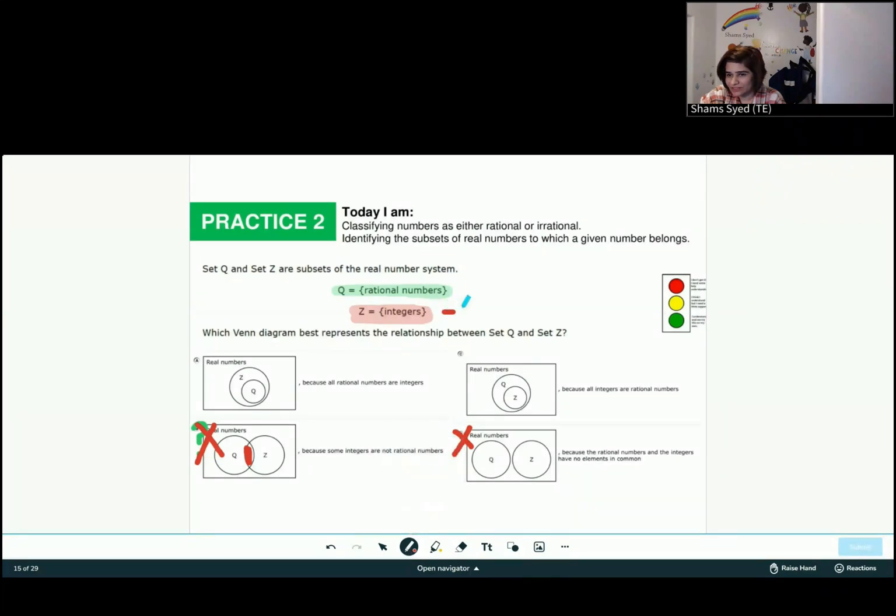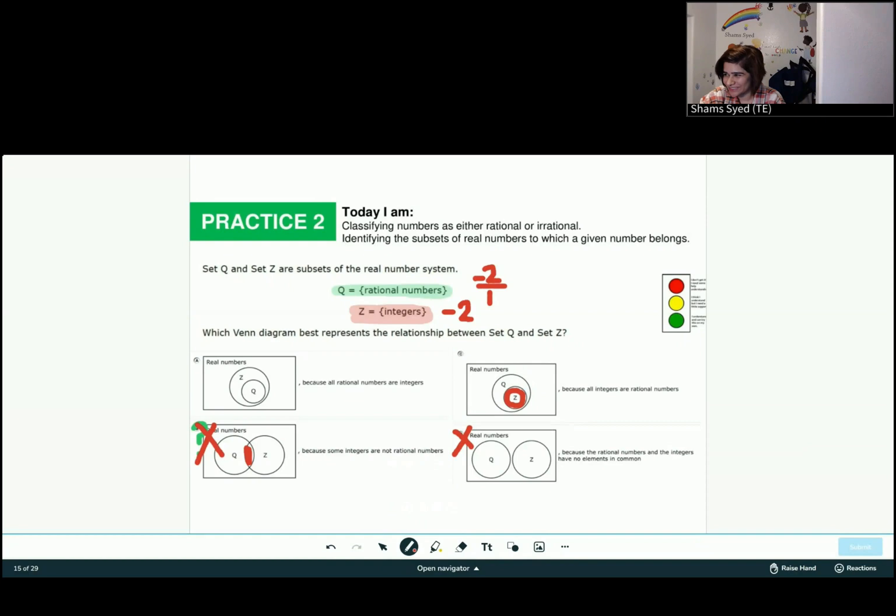If an integer is -2, is that also a rational number? Yes, it is, because I can write it as a fraction. So yes, integers can also be rational numbers.